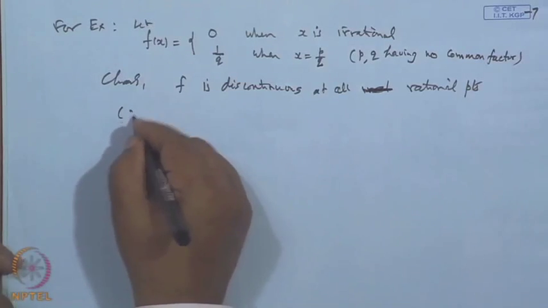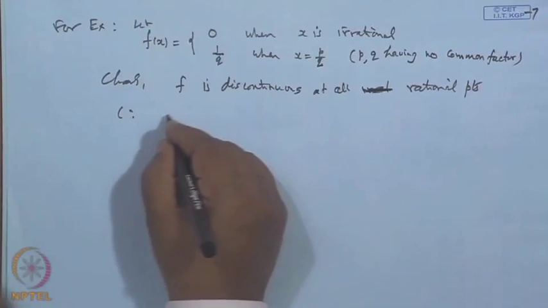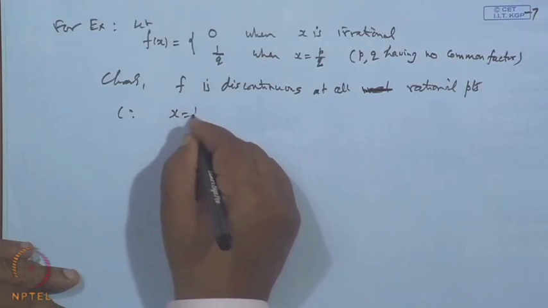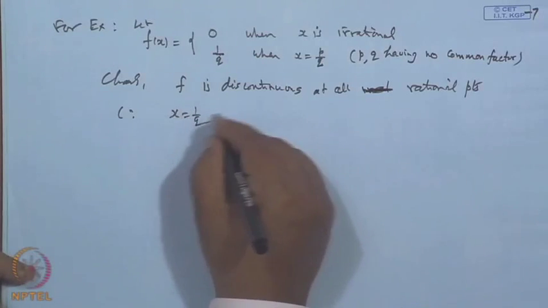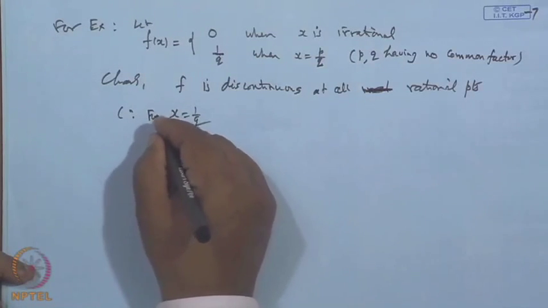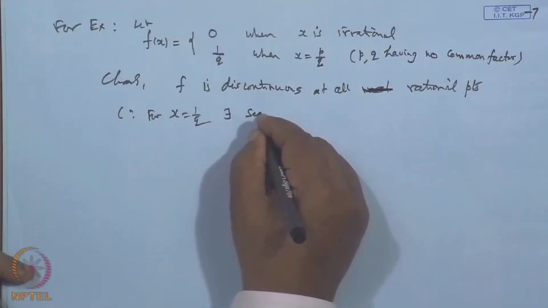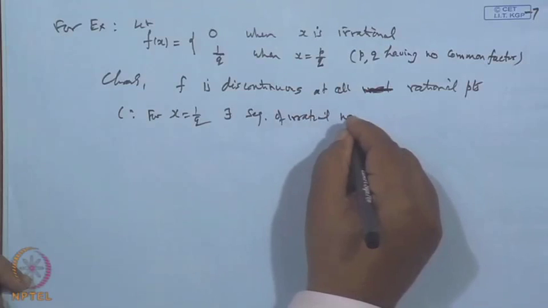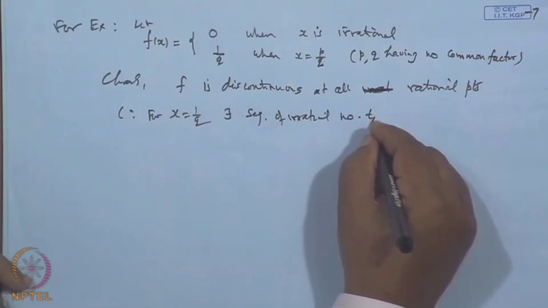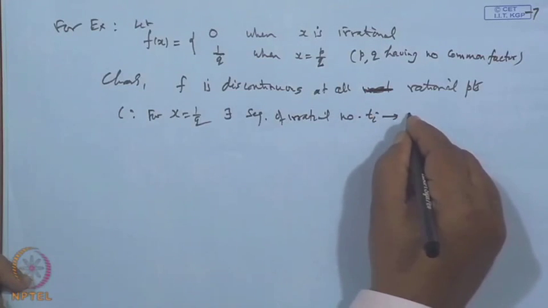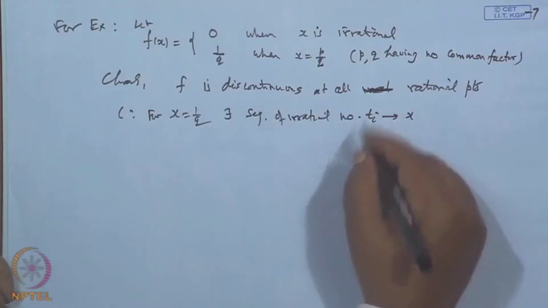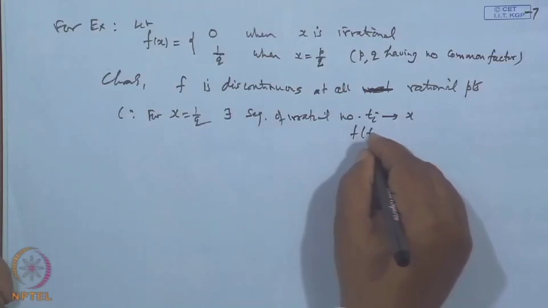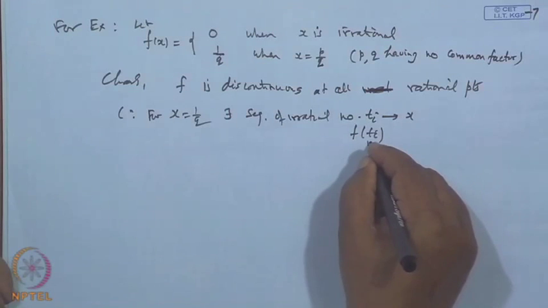Because the reason is, suppose I take any rational point, suppose I take x equal to 1/q. Then there exists a sequence of irrational numbers, say t_i, which goes to x, but what is the image f(t_i)? This f(t_i) will always be 0.